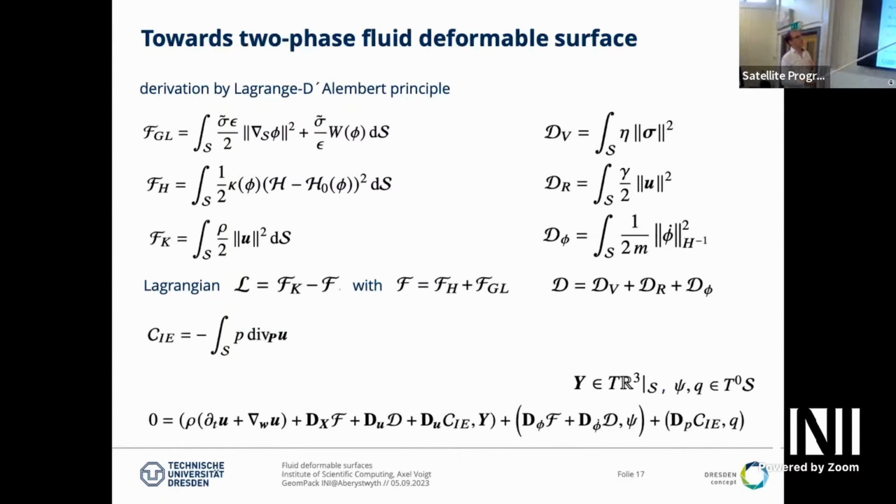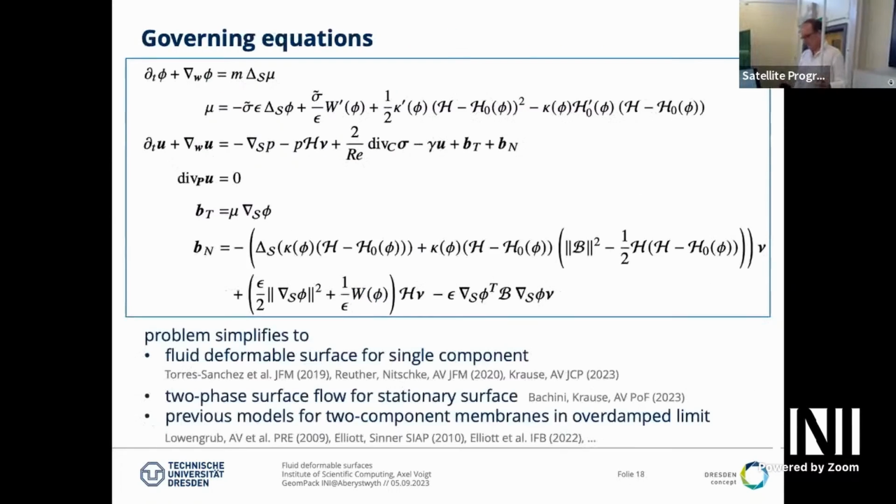Then we have in addition the constraint that our flow should be inextensible. Putting this all together, we end up with a system of equations for all our unknowns, which is thermodynamically consistent by construction.